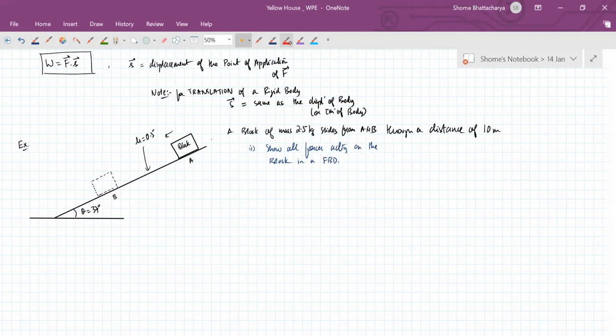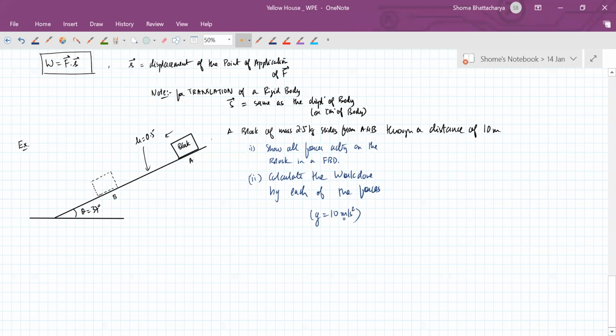Okay. And then we have to calculate the work done by each of the forces. Okay. Take acceleration due to gravity, obviously, to be 10 meters per second square.